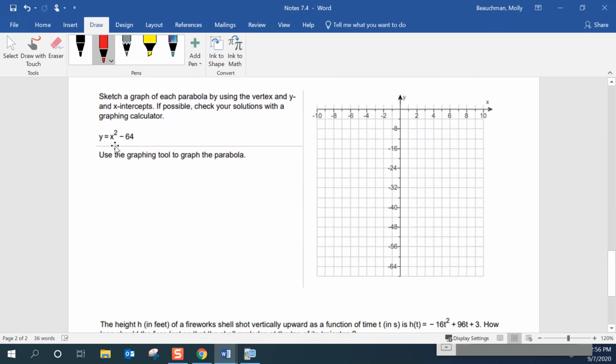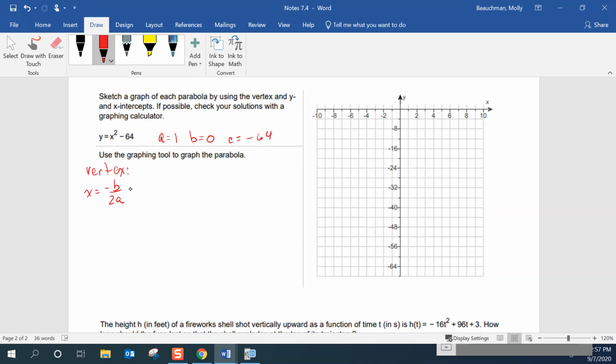Notice we've got y equals x squared minus 64. And we'll find the vertex, the y-intercept, and the x-intercepts this time. Notice in this case, a equals 1, there is no x term, so b is 0, and c is negative 64.